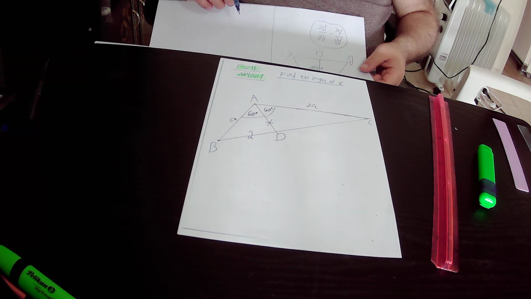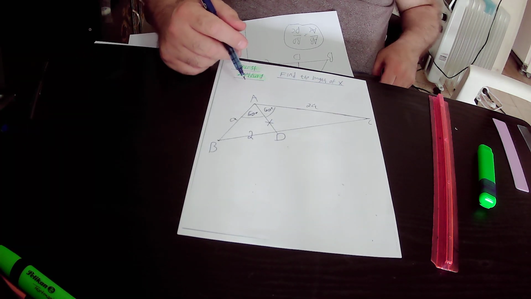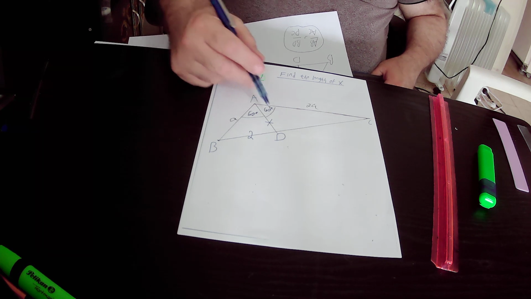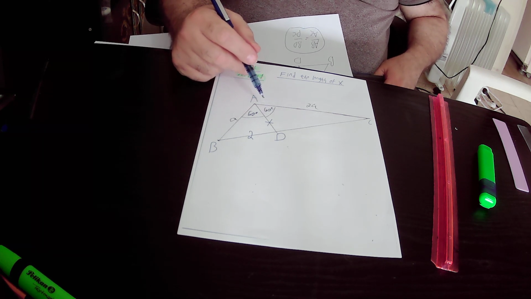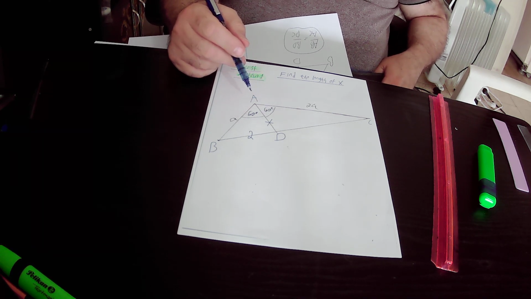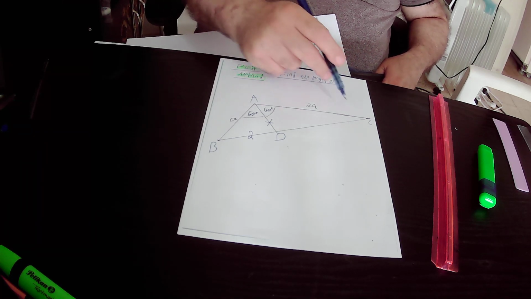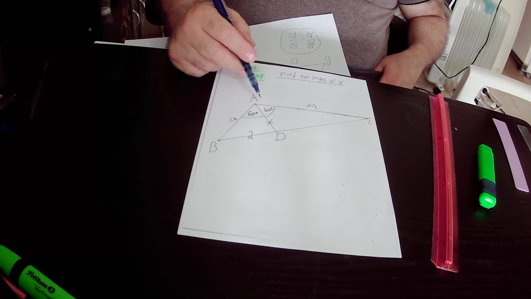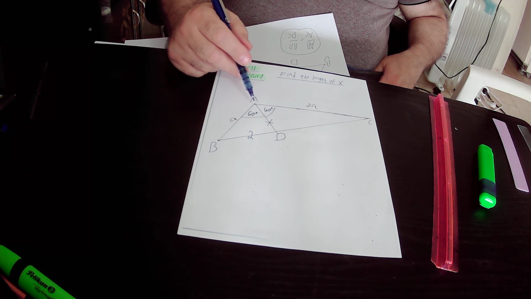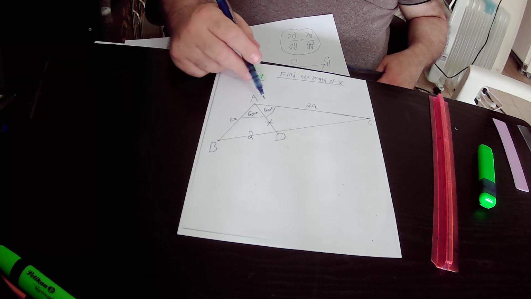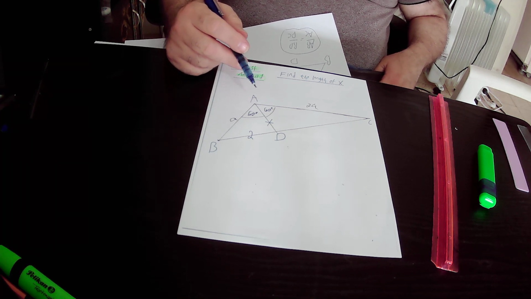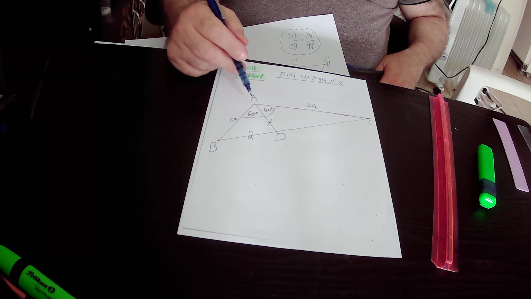Why can we implement it in triangle ABC? Because segment AD, that is equal to x, is the angle bisector in triangle ABC. It divides angle BAC, that is equal to 120 degrees, into two halves, each half equals 60 degrees. Therefore, AD is the angle bisector. For that reason, we can implement the angle bisector theorem in triangle ABC.